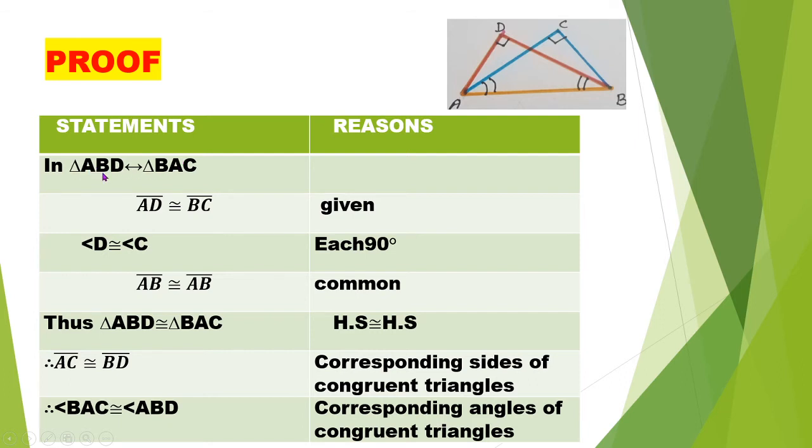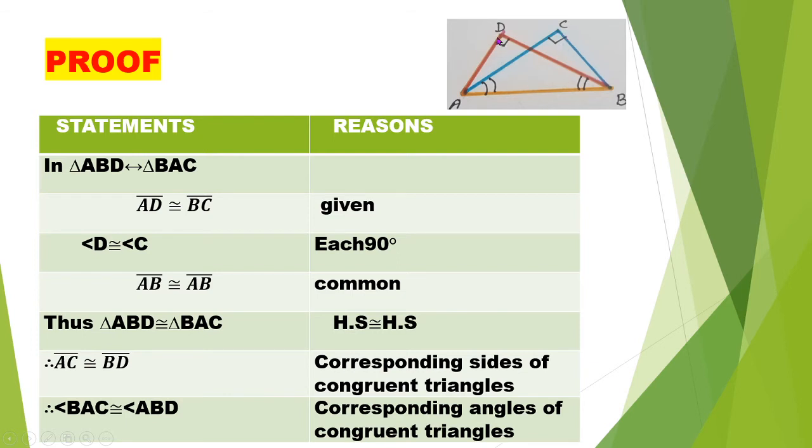Triangle ABD corresponds with triangle BAC. And in the correspondence, the first statement we have to write is AD. This AD is congruent to the side BC.